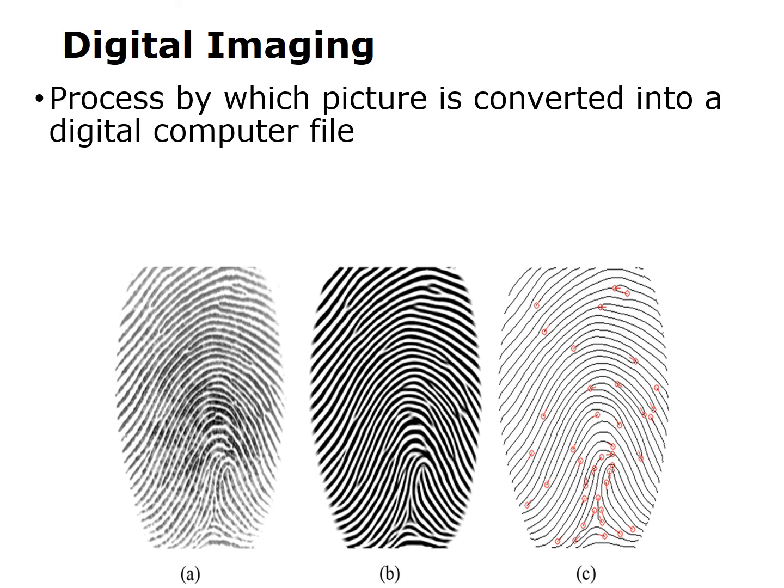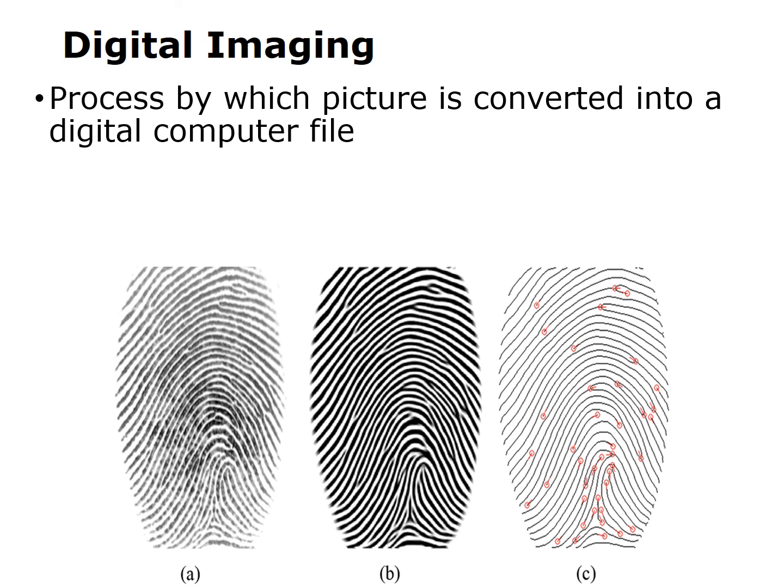For instance, of the 3 prints you see on the screen right now, the picture on the left may be the actual fingerprint that's lifted from the crime scene. The computer then creates a digital image of that fingerprint, which is what you see in the center picture. It's going to darken the ridges and lighten the valleys, so that makes it easier to analyze.